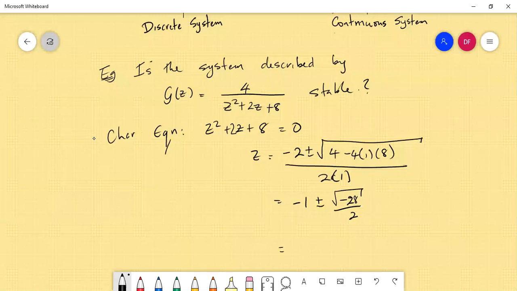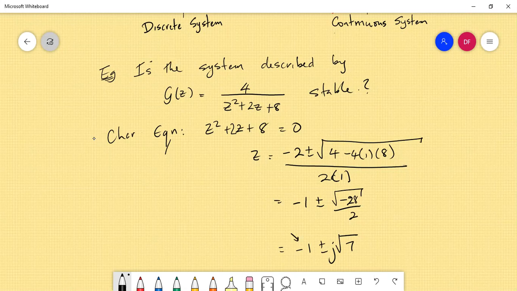So it is minus 1 plus or minus the square root of 7. Now, if it were s, then fine, this negative 1 would mean that it is stable. But this is not s, it is z.